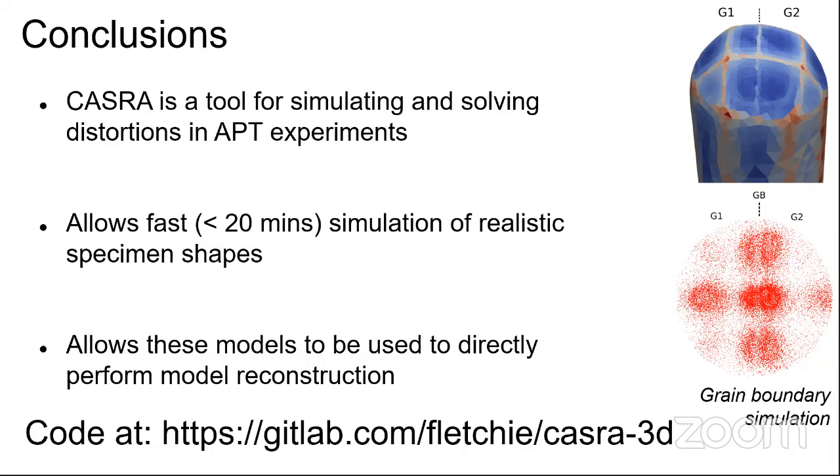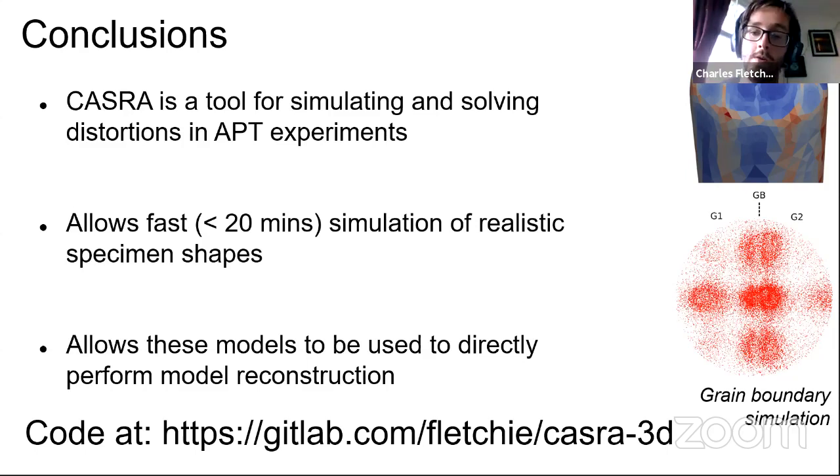So can you do iterative reconstruction to minimize error? Comes from Andrew Protein. So not at the minute. Currently the model basically assumes the geometry. So you can iteratively reconstruct varying the evaporation fields.